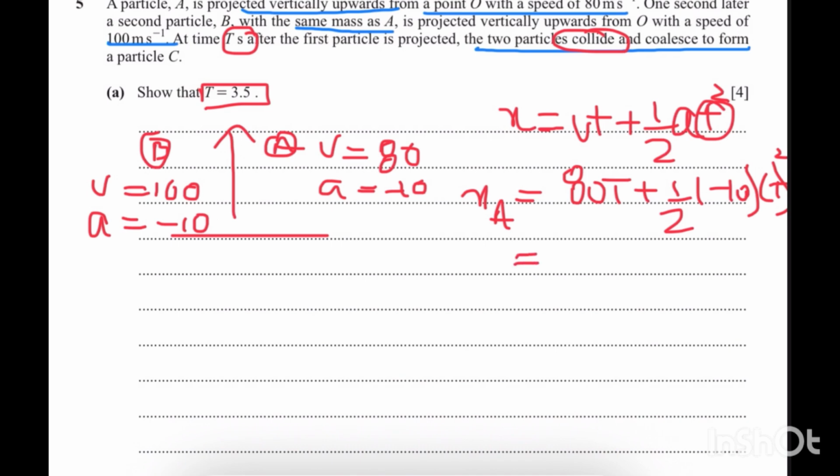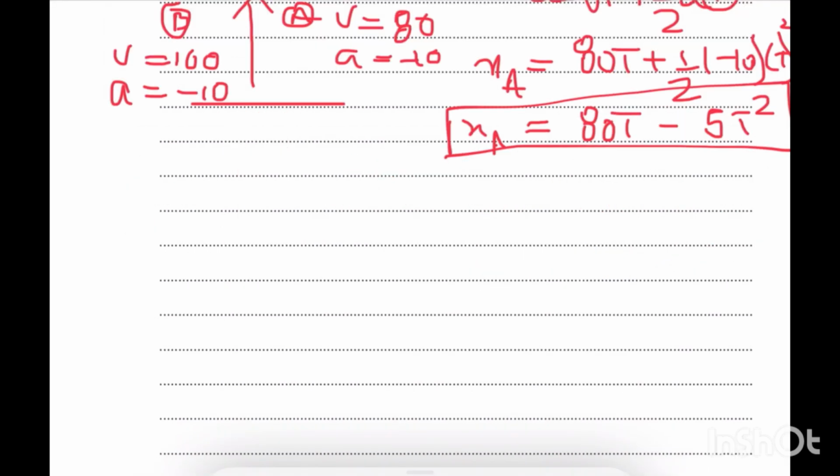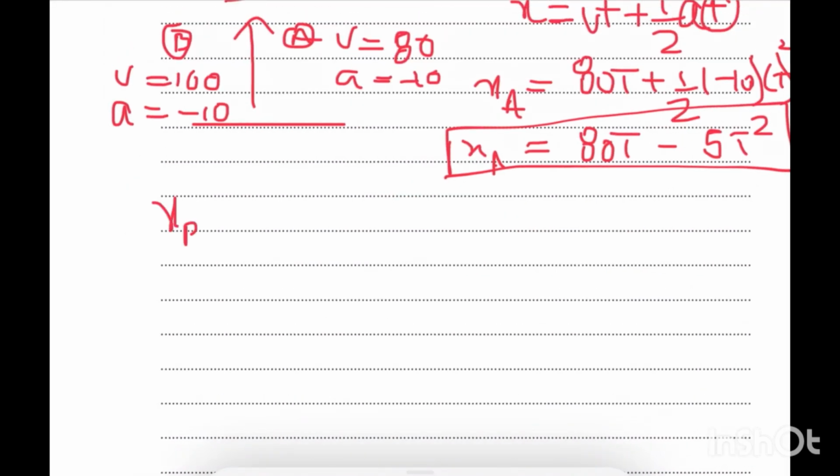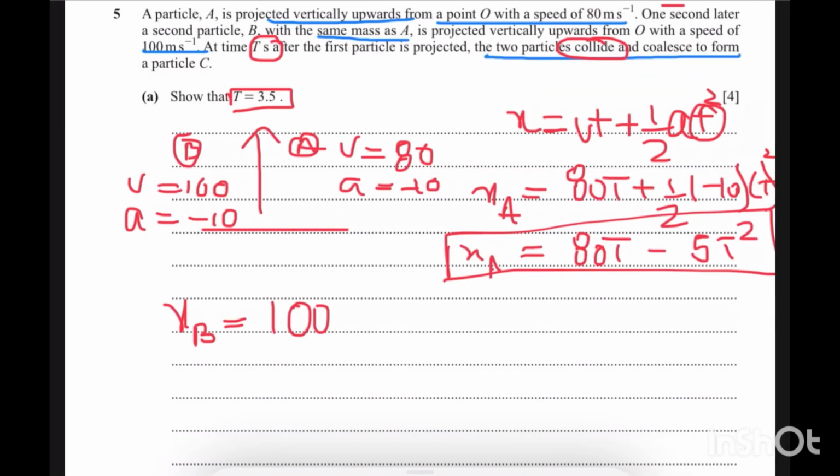So this will simplify to 80t minus 5t squared. For particle B, we can write it as the initial speed was 100, so this will be 100. B was projected 1 second later than A. That means that it will take t minus 1 seconds for it to cover the same distance.